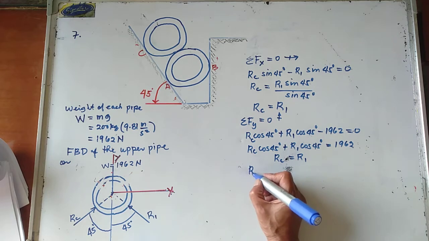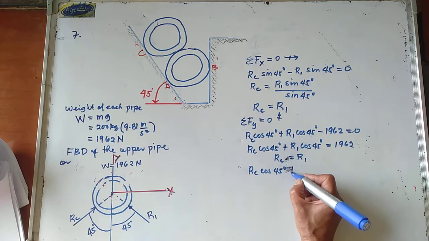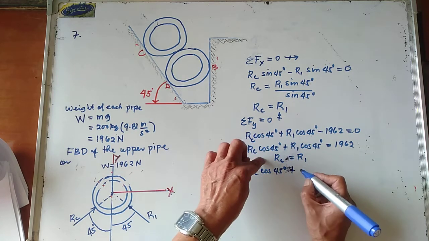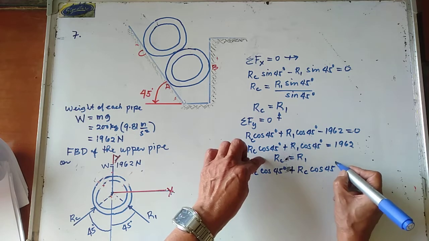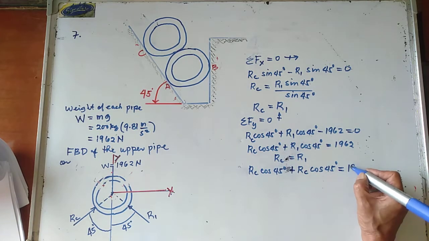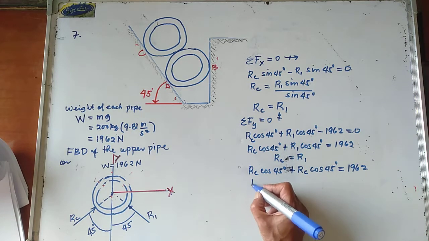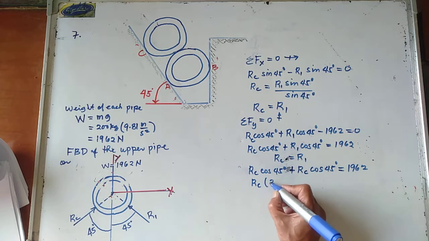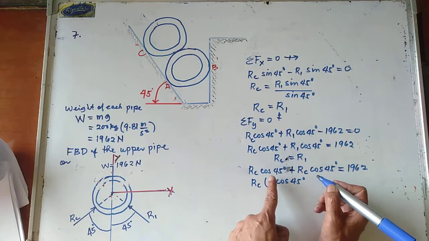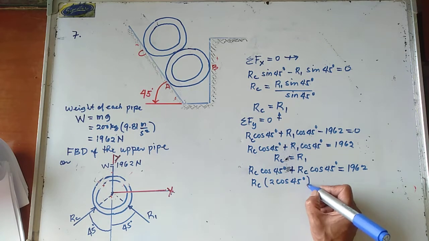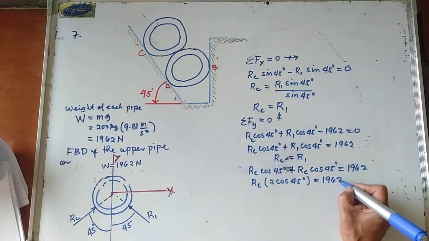So we have RC cosine of 45 degrees plus R1, which is equal to RC, cosine of 45 degrees is equal to 1962. Again, factor out RC. So we now have 2 cosine of 45 degrees, that is 1962.